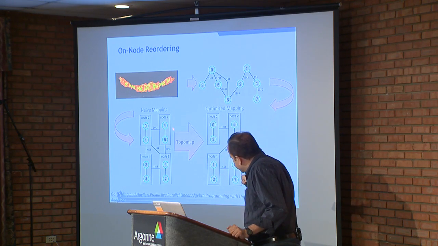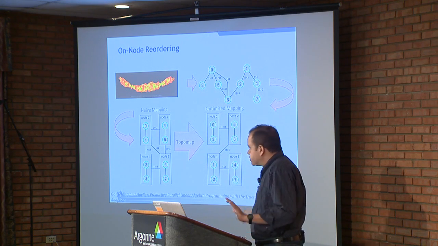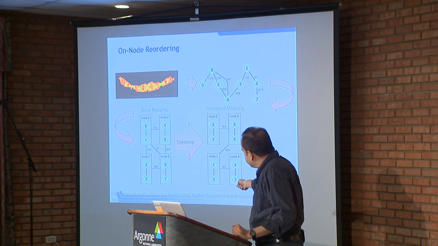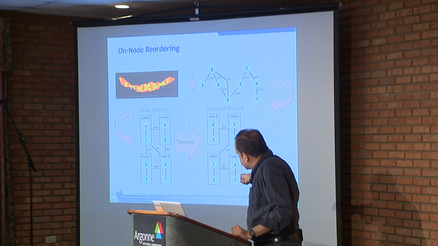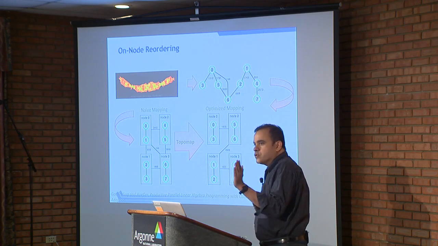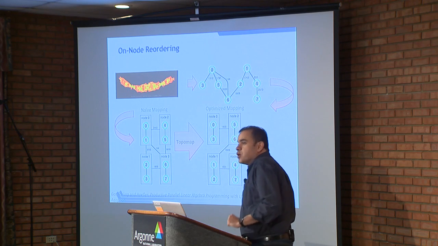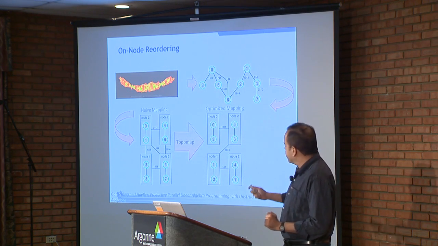So this original communicator remains. This is MPI COMM WORLD. This is what you got when you launched the job. And this was rank 0 in COMM WORLD, 1 in COMM WORLD, and 2 in COMM WORLD, and so forth. That remains. By calling the function, you get a new communicator, a different communicator.